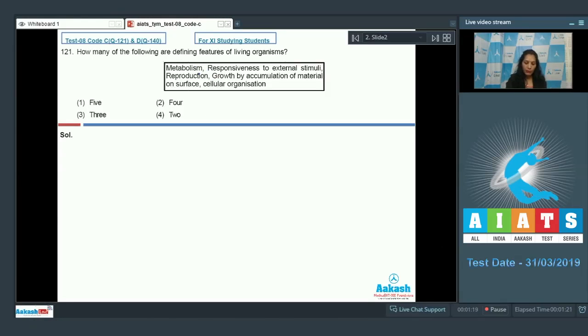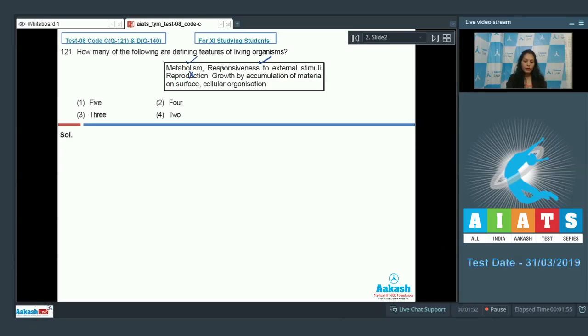Now see one by one. Metabolism, yes. Metabolism is shown by all living organisms, whether they are unicellular, multicellular, prokaryotic, eukaryotic, any kind of organisms. So it's a defining feature and it is not shown by any kind of non-living object. Responsiveness to external stimuli, yes, it is consciousness, and consciousness is also the defining feature of all living organisms.